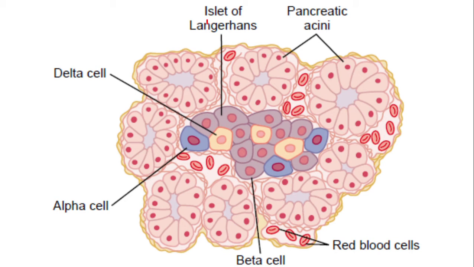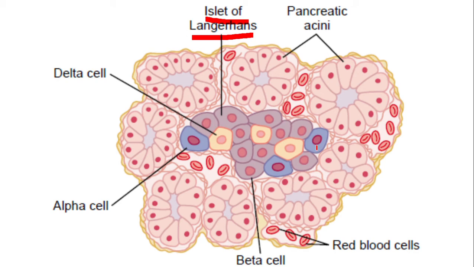Then you can see the islets of Langerhans. Remember the difference in arrangement of acini and Langerhans. Acini is somewhat in the form of a sunflower, but the islets of Langerhans are not like that.